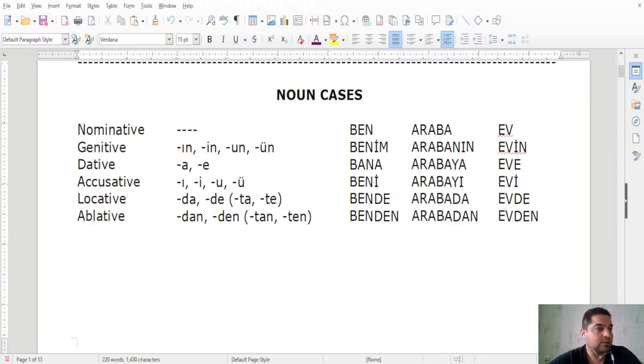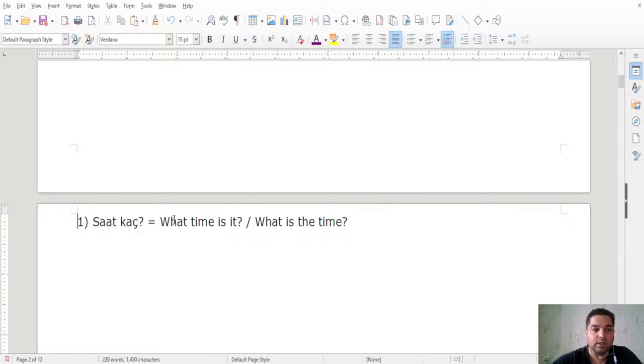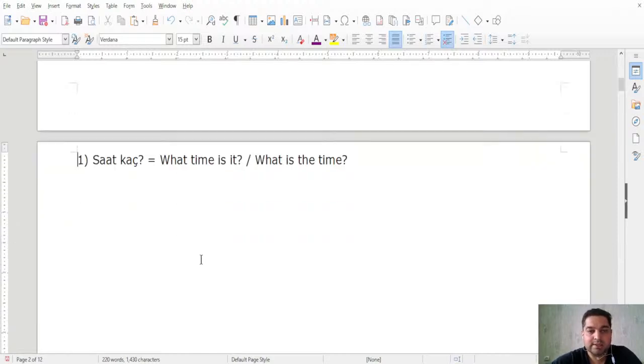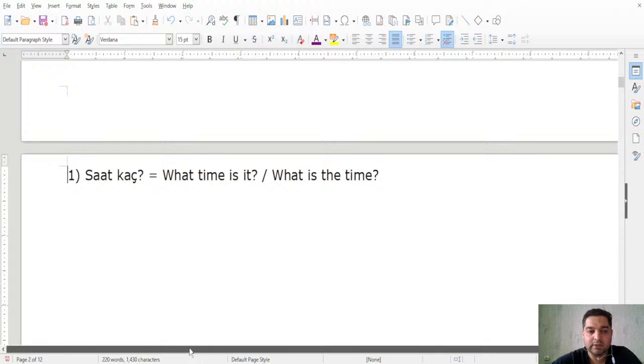All right, so our first sentence that I chose is saat kaç, and this is a sentence that we have already analyzed when we learned asking for time. Saat kaç.